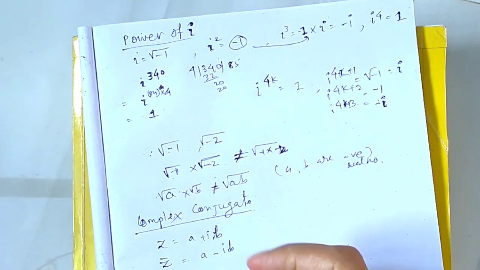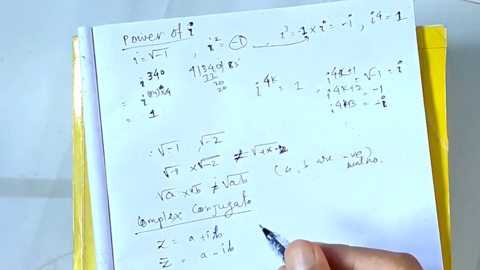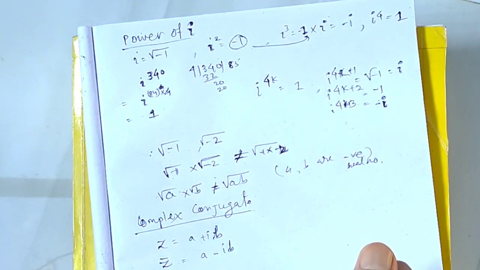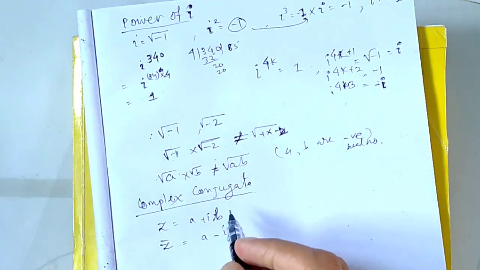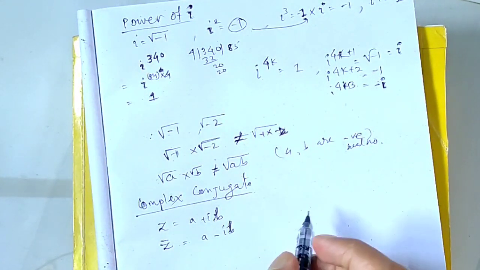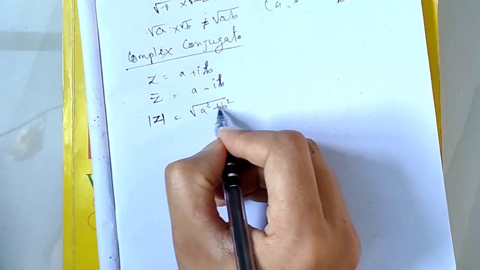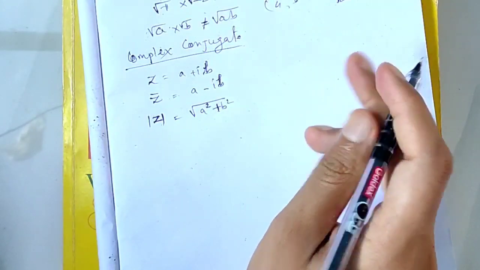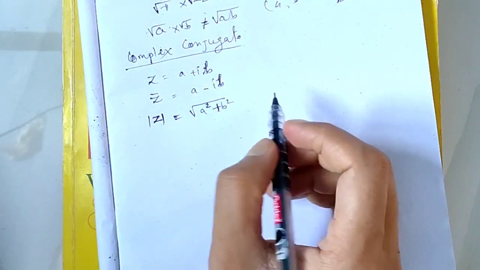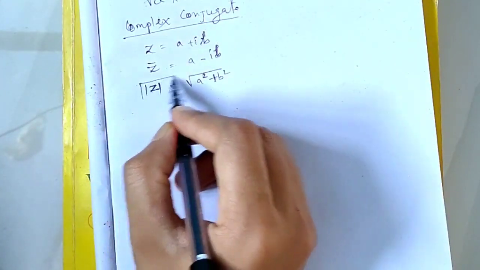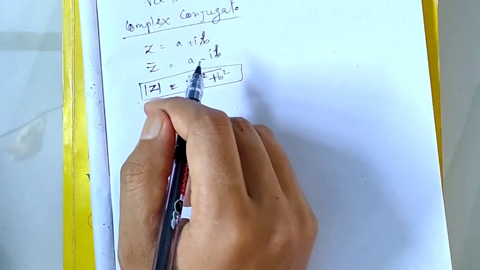If it were negative, then it will be positive; if it is positive, then it would be negative. I hope everything is clear. Now the mod of z, or modulus of z, is equal to root over of a square plus b square, which is a non-negative real number. So this is the modulus of z.